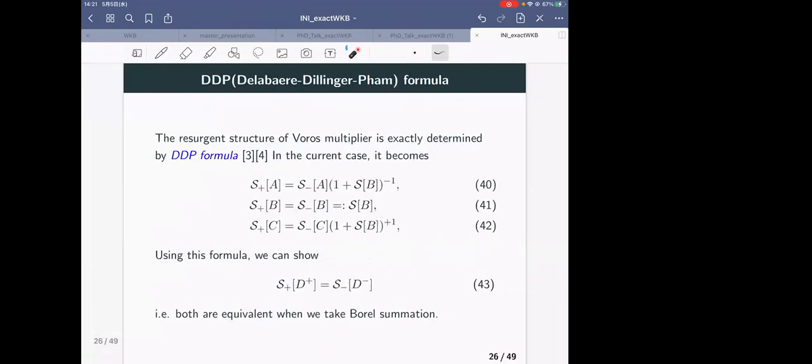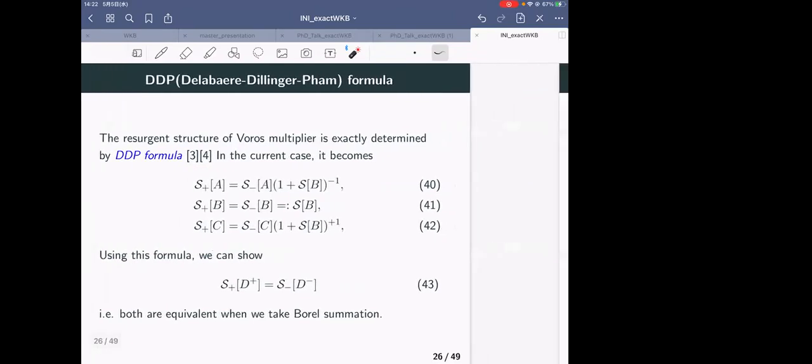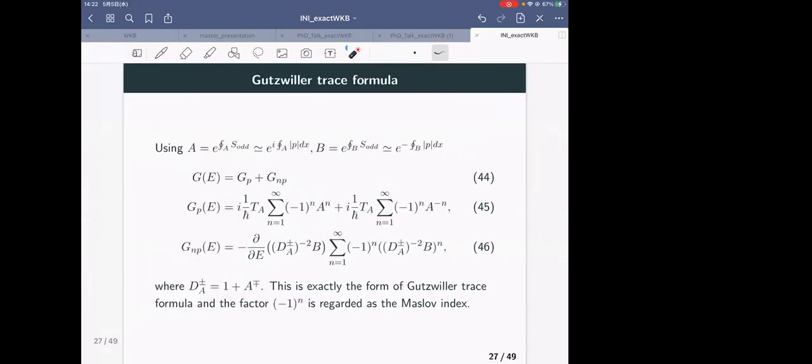However, if we take a Borel summation of this exact quantization condition and use our DDP formula, which is given like this, we can show that the two naively different exact quantization conditions D are actually equivalent. And we obtain D, so we can calculate the Gutzwiller trace formula directly.